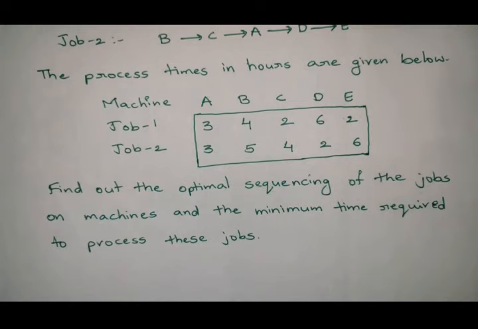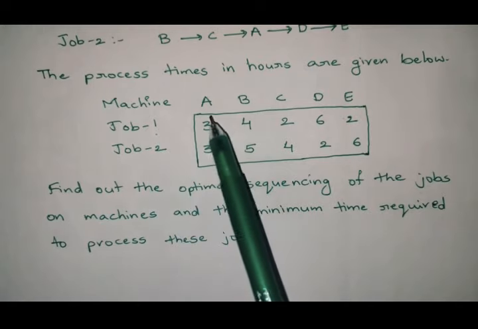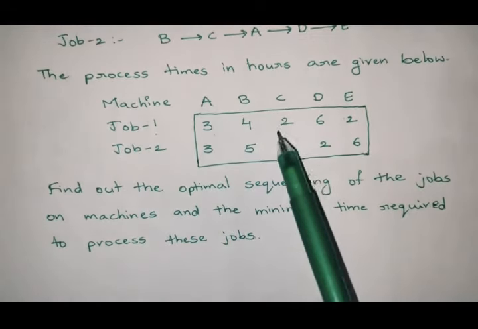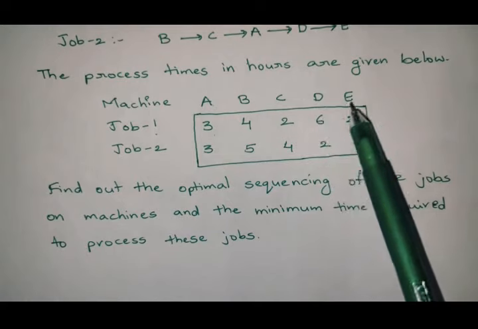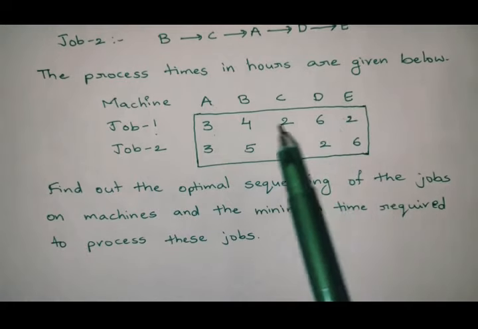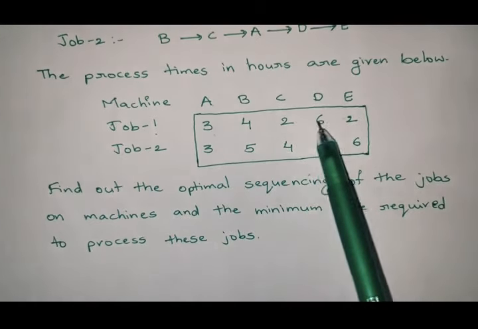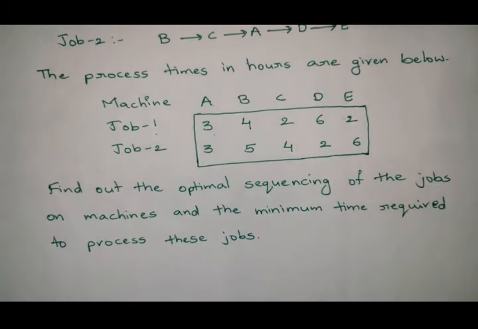For job 1, the time on machine A is 3 hours, machine B 4 hours, machine C 2 hours, machine D 6 hours, machine E 2 hours. So the total time required is 3 plus 4 plus 2 plus 6 plus 2, and it is 17.